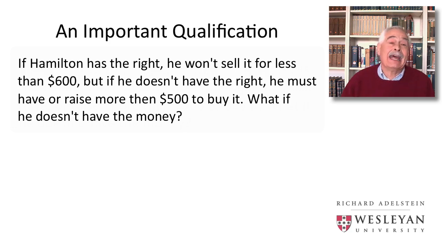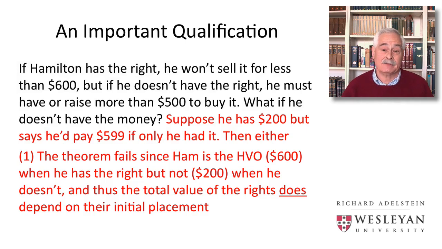And what if he can't get the money, doesn't have any access to the money? What happens then? Well, suppose he has $200, and that's all that he has in cash. But he says, if he didn't have the right, that he'd pay $599 if he had to, if only he had the $599.